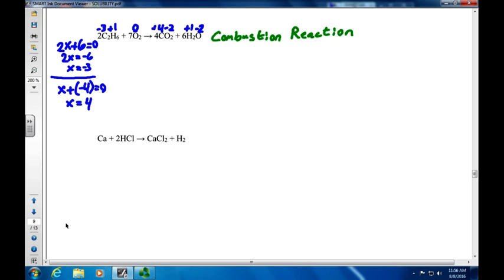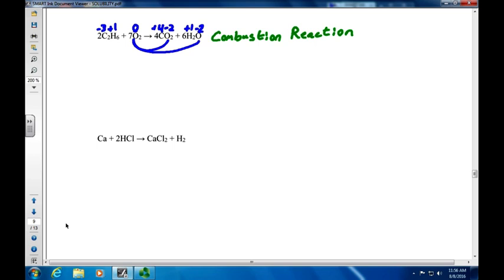And now we just need to look and see what is being oxidized and what is being reduced. So note that our oxygen in 2 different places is going from a 0 to a -2.